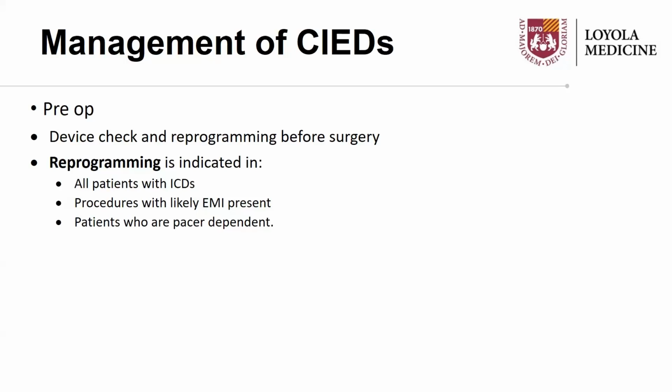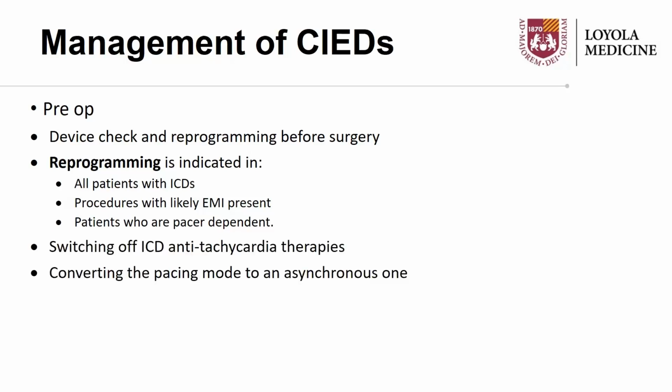It is also indicated in procedures where very high likelihood of EMI will be present, and in patients who are pacer dependent. Reprogramming may entail switching off the ICD anti-tachycardia therapies, such as anti-tachycardia pacing and defibrillation, or converting the pacing mode to an asynchronous mode, such as VOO, and/or deactivating the rate modulating features.